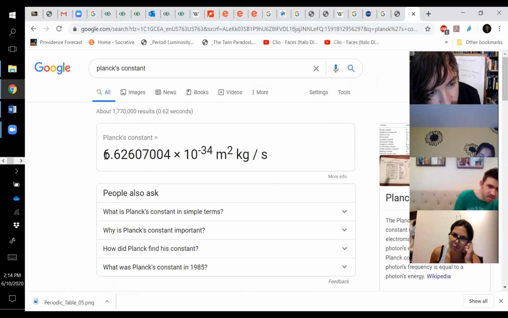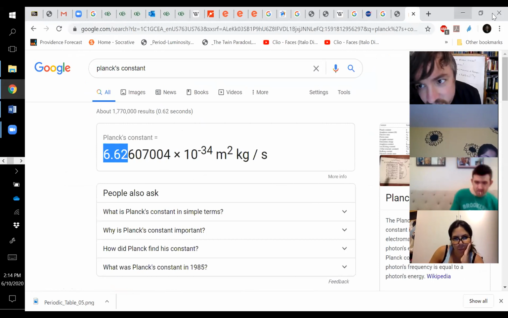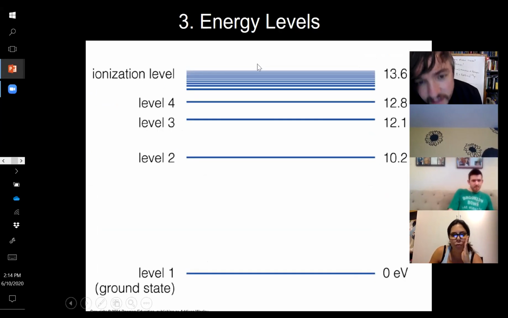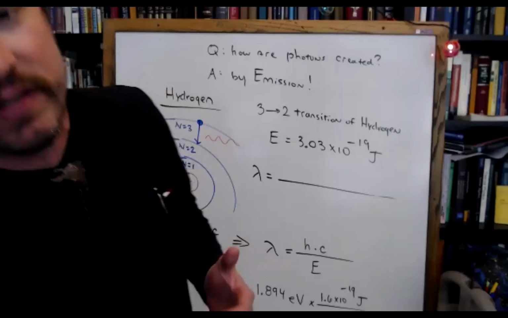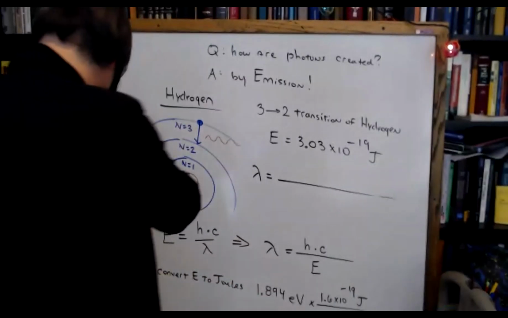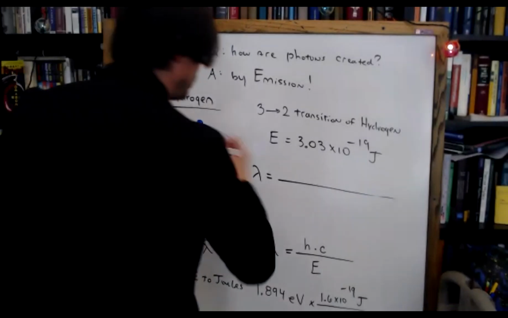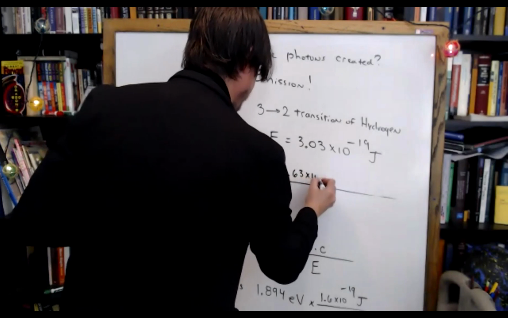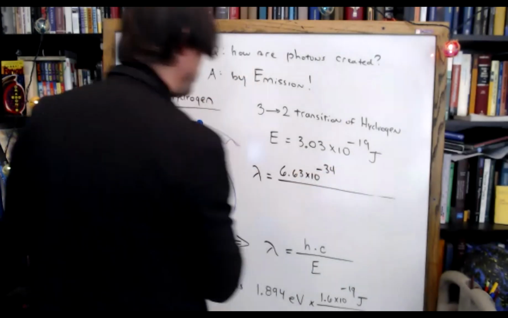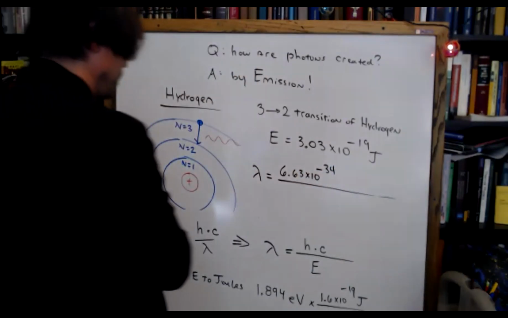But today I'm going to keep 3 sig figs, 6.63, because I'm trying to do a slightly more advanced, more detailed, more precise calculation than usual. So today for Planck's constant, we'll have 6.63 times 10 to the minus 34 joule seconds.